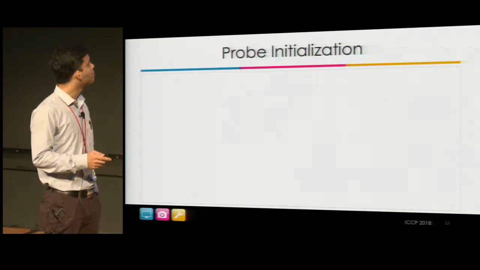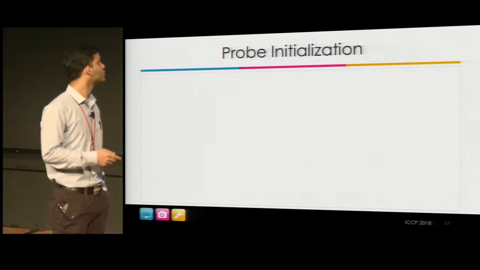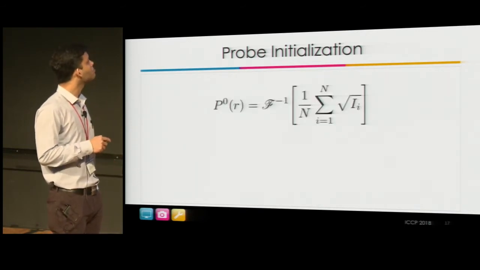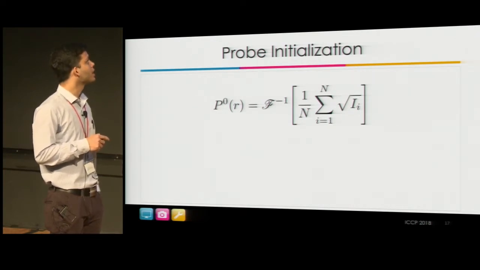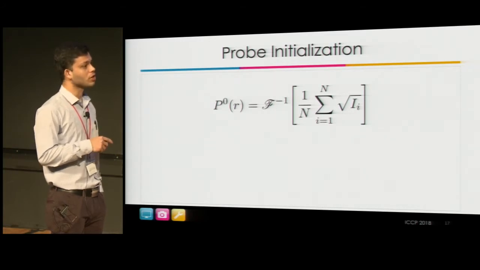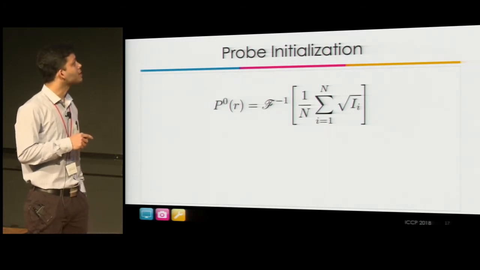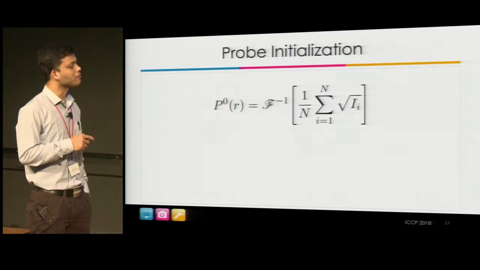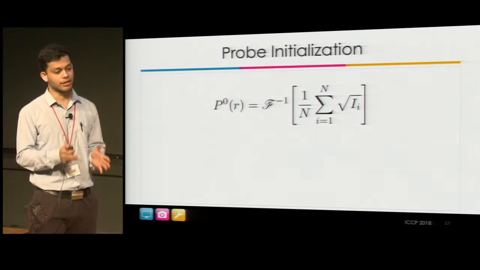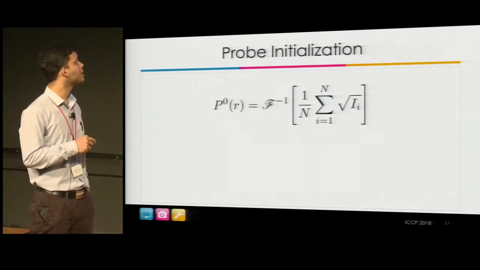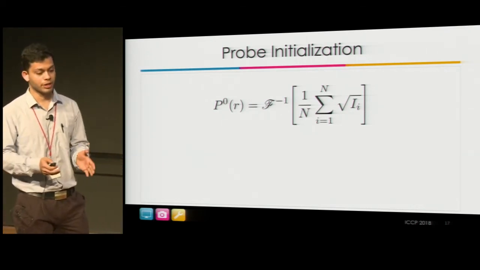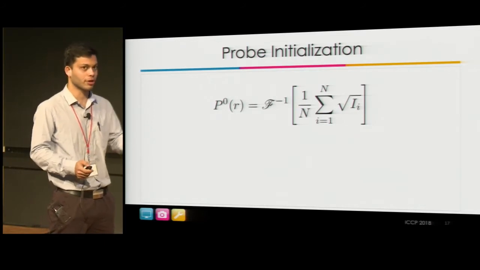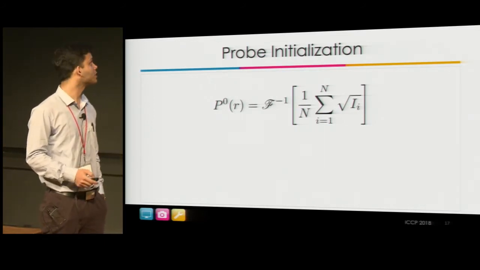So what we need is a better probe initialization. And so what we did was a very rough estimate of the probe initialization: take the square root of the intensities and then just mean them. Since the probe is constant throughout the whole acquisition, we assume that this averages out the signal from the object, and an inverse Fourier transform gives you at least the correct amplitudes of the probe for initialization.